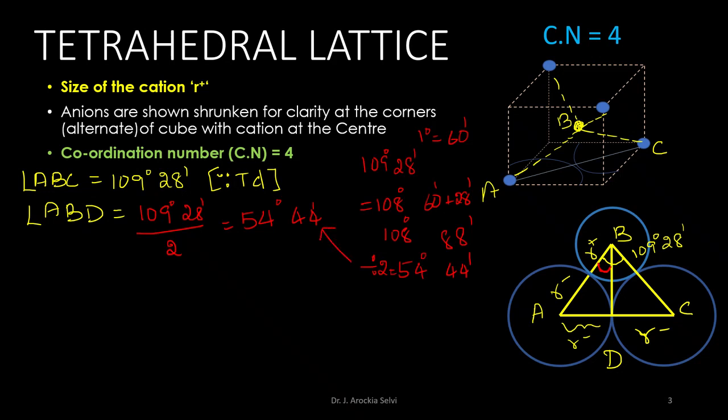Now use the trigonometric function in order to calculate the radius ratio. So now let us take the triangle ABD. This is the triangle ABD we have taken. So let us see. In this case, we take the trigonometric function sine ABD, that is sine with the angle B. If we are taking, then it should be opposite divided by hypotenuse.